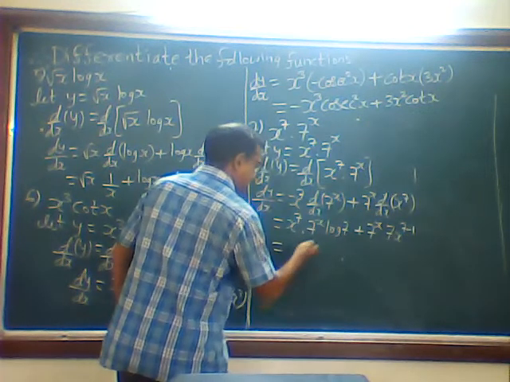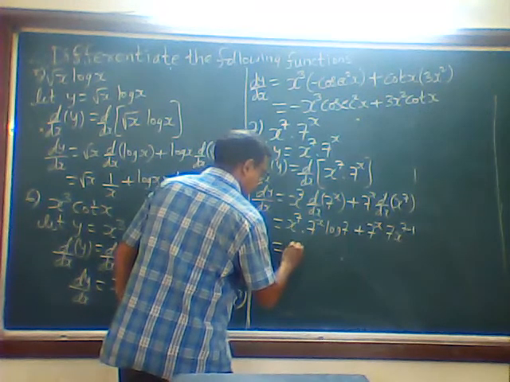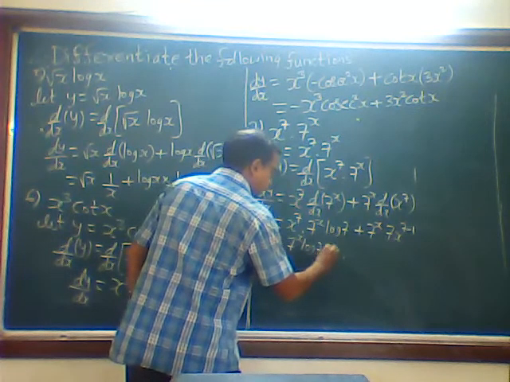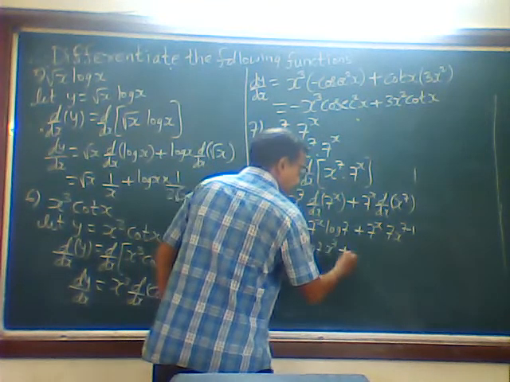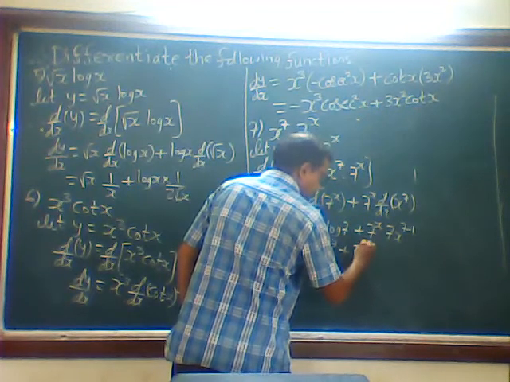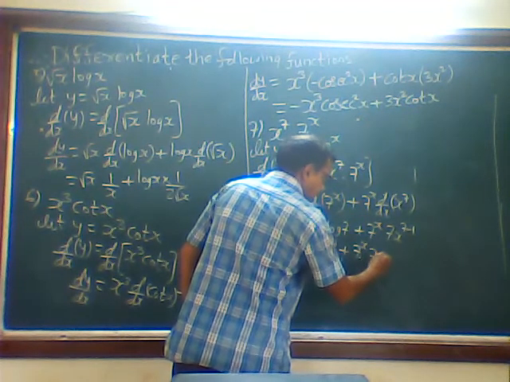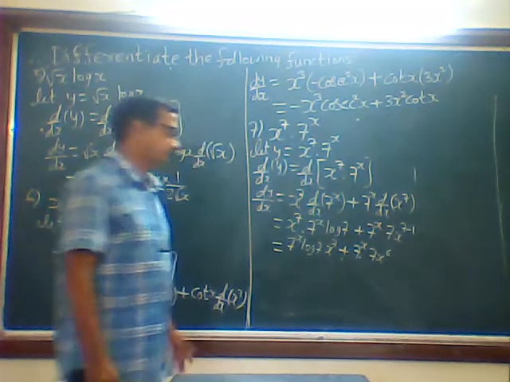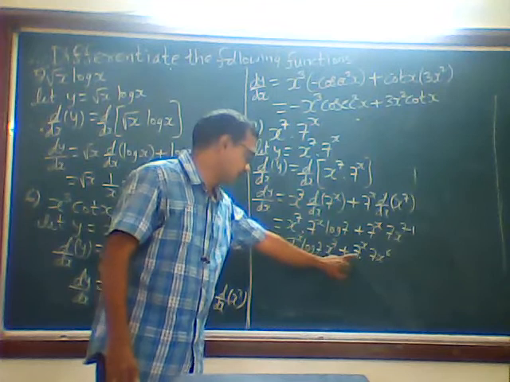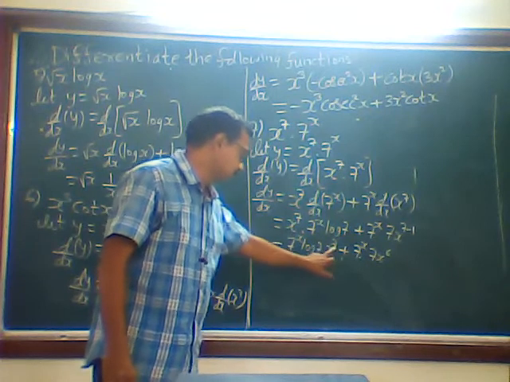So I will rewrite it. I will say this as 7 raised to x log 7 x raised to 7 plus 7 into 7 raised to x into x raised to 6. 7 minus 1, you can keep it as it is if you want. You can have common. This is common, here also you get common.